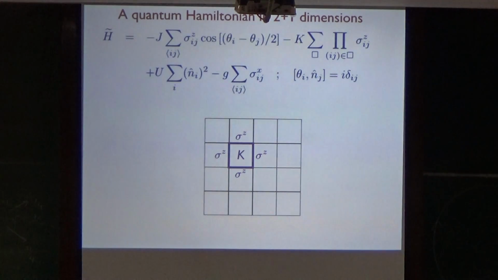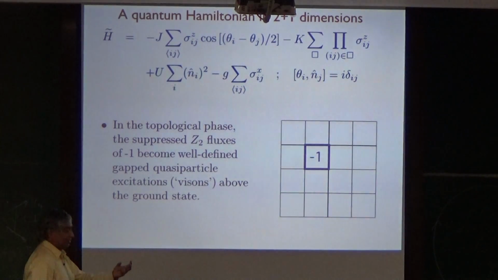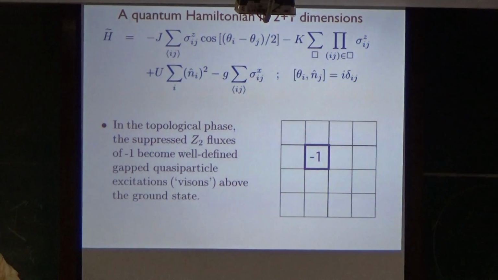So the main point I want to make here is there's a very neat way to think about topological order in this phase: this phase now has a new type of particle, a stable particle, which are these odd vortices. I told you that if you were in this topological phase, there were no odd vortices and no flux. The ground state has flux suppressed.